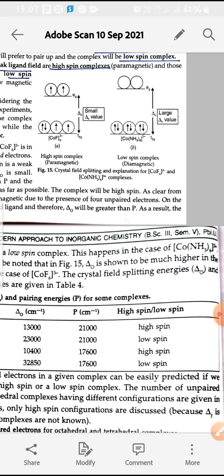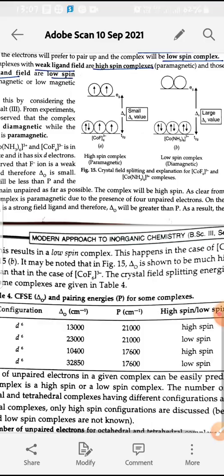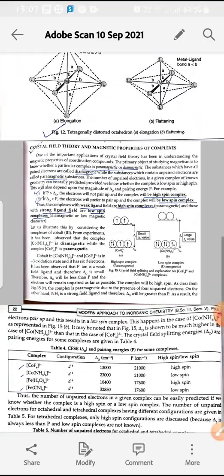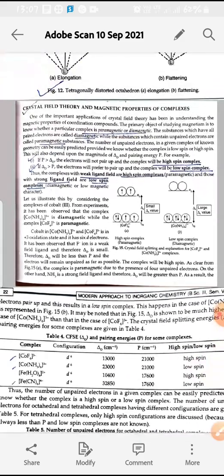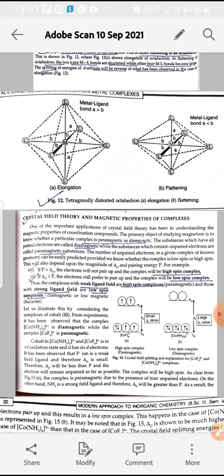Whereas in the cobalt ammonia 6 positive complex, which has 3d6, the 6 electrons all pair up in T2g, giving a T2g6 configuration, so all are paired and that's why it is diamagnetic. So these are the diamagnetic and paramagnetic substances, which depend upon delta O and P, that is, strong field complexes and weak field complexes.